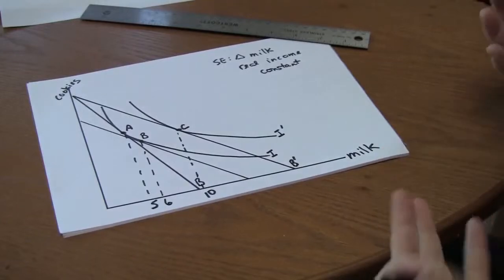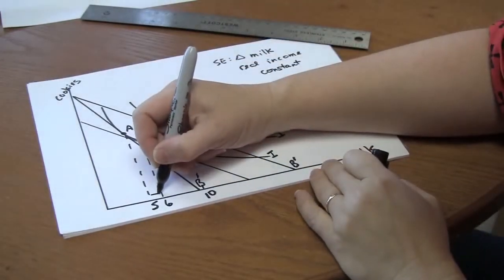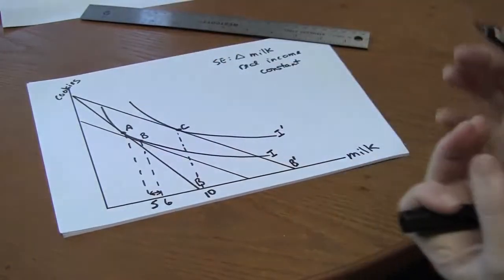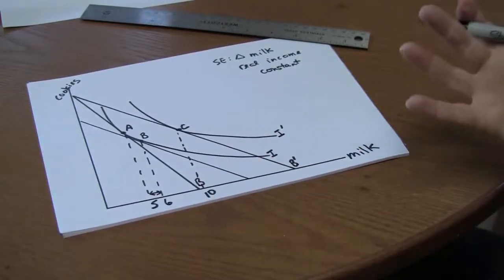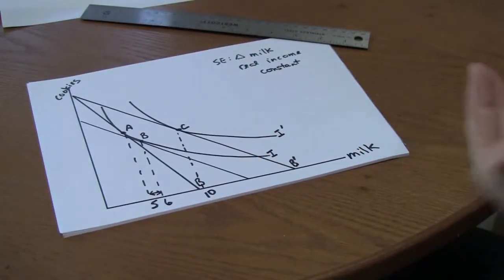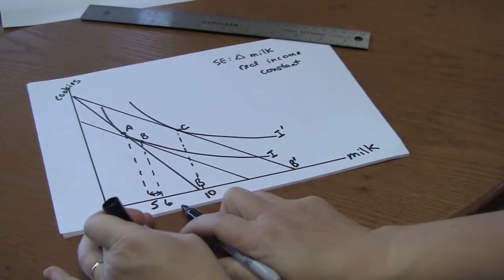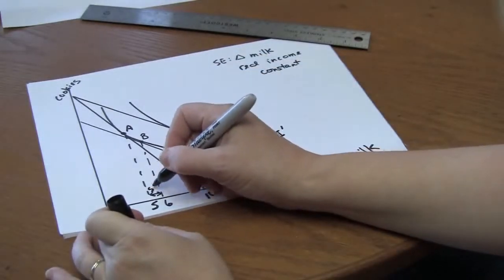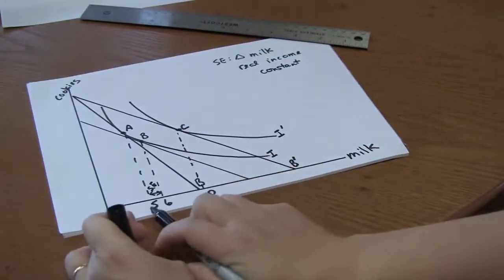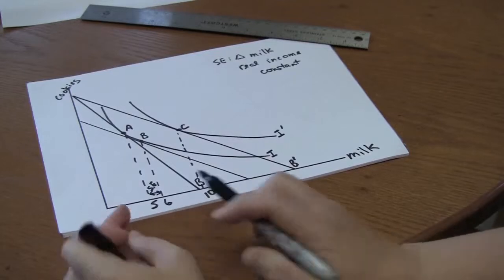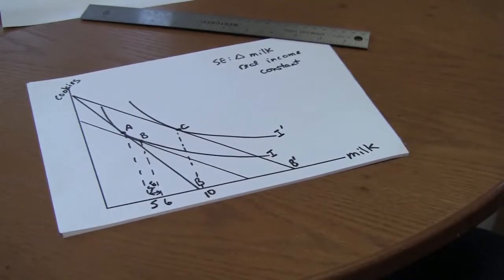What that tells us is that the effect of the change in relative prices holding income constant is to increase milk consumption by 1 cup. That's the substitution effect, the movement from 5 to 6 glasses of milk.